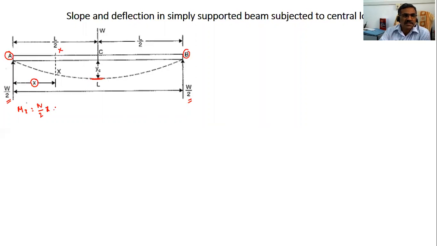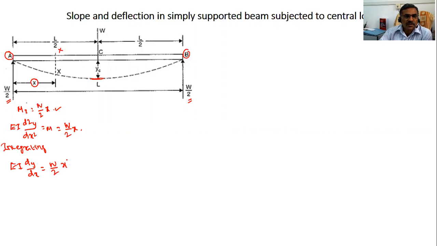Now substitute this bending moment in the differential equation for bending, that is EI into d square y by dx square is equal to M. What is M? M is equal to W by 2 into x. Integrating once, you will get EI into dy by dx is equal to W by 2 into x square by 2 plus a constant C1.